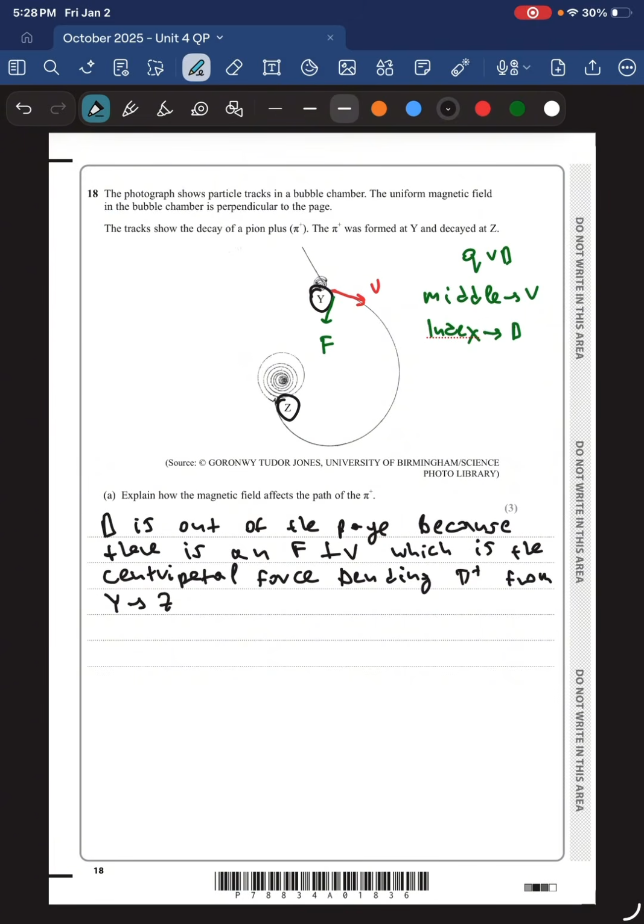I cannot think of anything better. So again, B should be out of the page. They already say that it's perpendicular to the page, but we know that it should point outwards because if we use Fleming's left-hand rule with our index finger pointing out of the page and our middle finger pointing towards V, this V over there, we'll see that our thumb will point towards this force, which is always perpendicular to the velocity, and it forces the particle to bend from Y to Z.